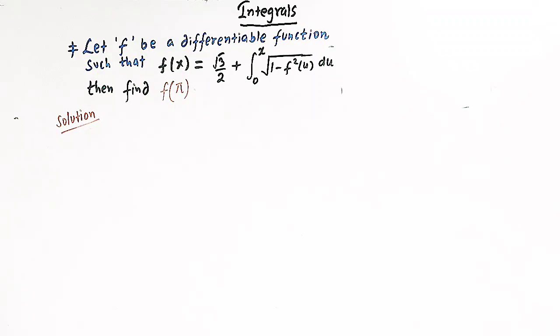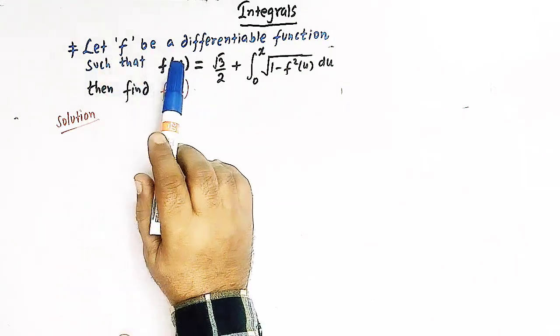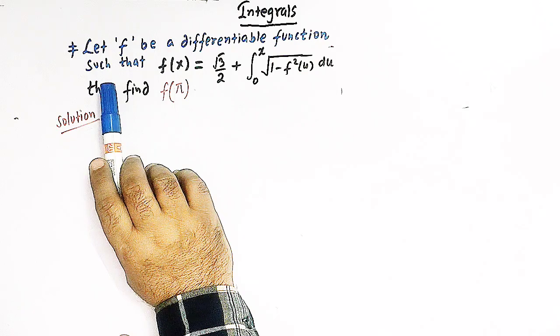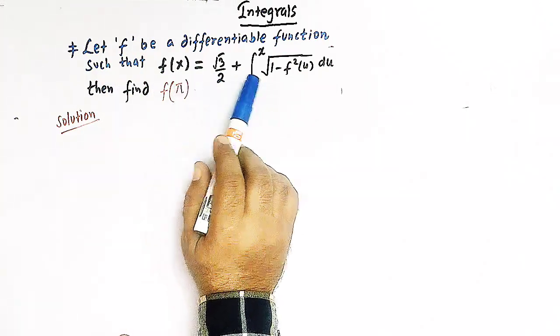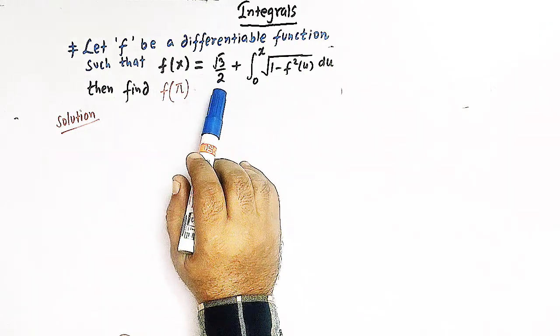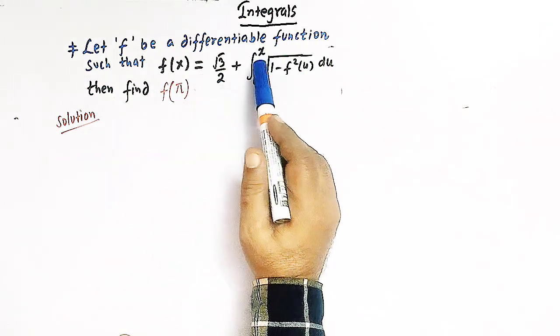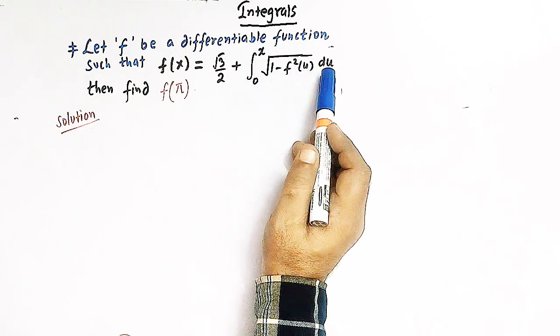Hello viewers, in today's session we are going to discuss another important and very conceptual problem from definite integrals. We are given a function f which is a differentiable function, and it satisfies this relation: f of x is equal to square root of 3 over 2 plus the integral from 0 to x of square root of 1 minus f square u du.